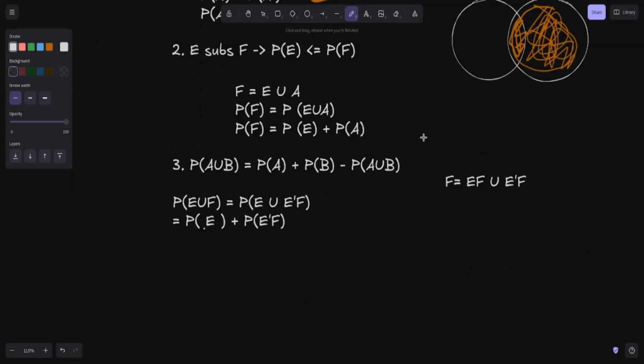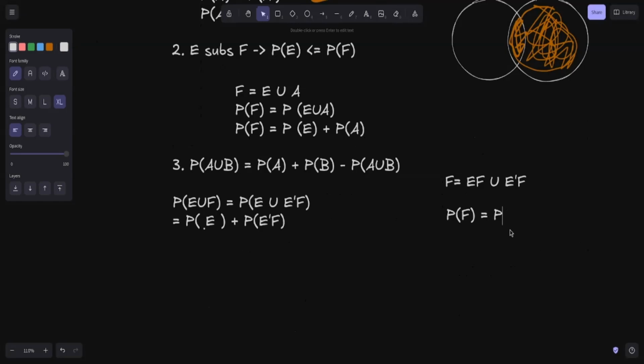So now we will take the probability on both sides. Probability of F is equal to probability of EF plus probability of E dash F, right? Now probability of E dash F is nothing but probability of F minus probability of EF. You substitute this here.